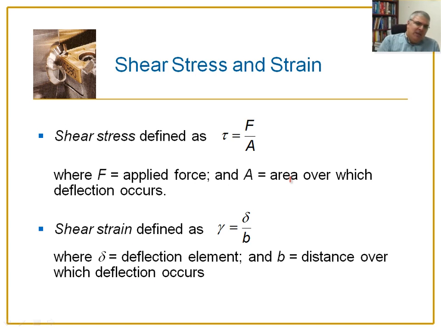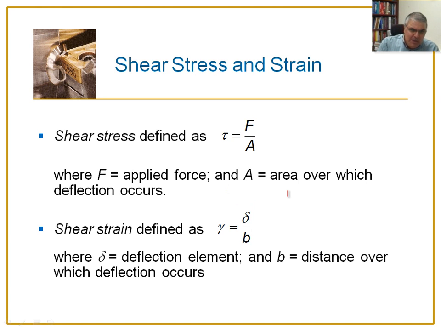Let's take a closer look at shear stress and strain and how we can measure some of the properties. Shear stress is defined as the shear force divided by area. This is very important: not to be confused with the tensile force. This is the shear force. We are talking about shear stress and strain, and A would be the area over which the force is applied, very different than the cross-sectional area.